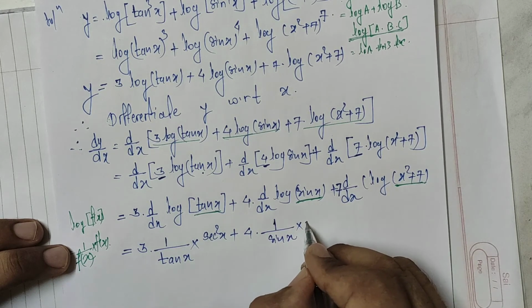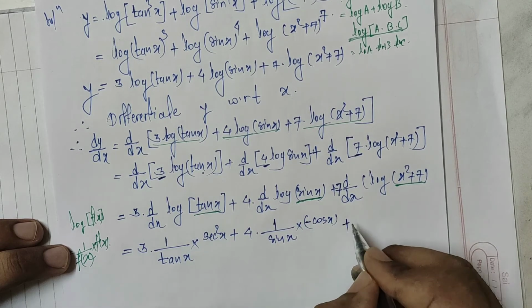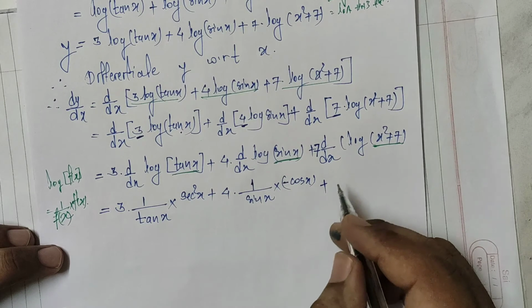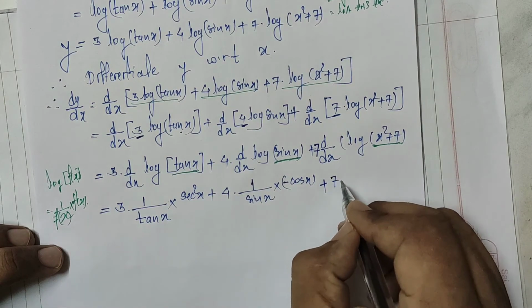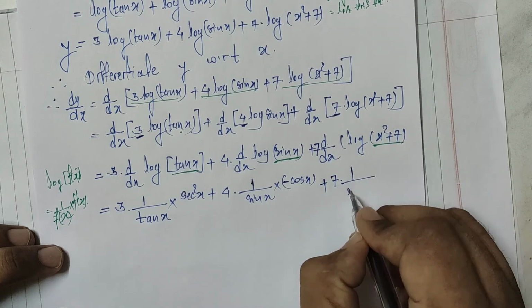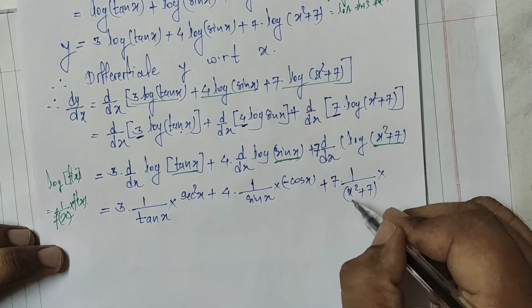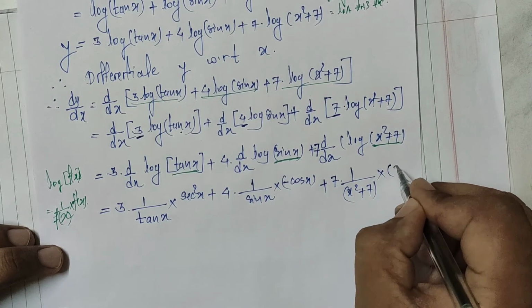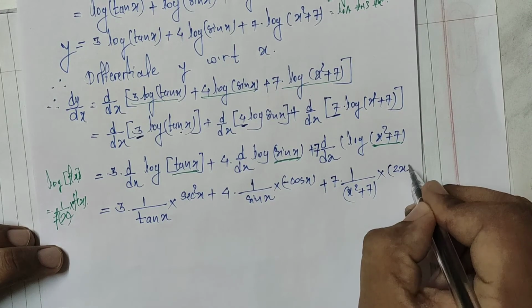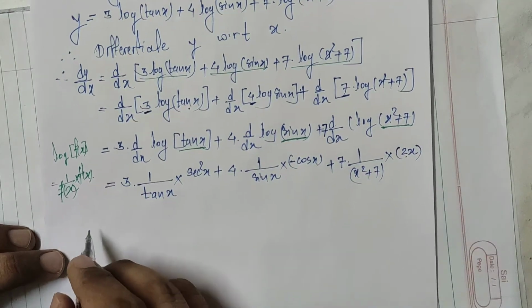Sin x derivative is cos x, plus 7 as it is. Then the derivative of log of x square plus 7 is 1 upon x square plus 7 as it is into the derivative of x square plus 7. X square derivative is 2x and 7 is constant, its derivative is 0. Therefore I am writing here only 2x.